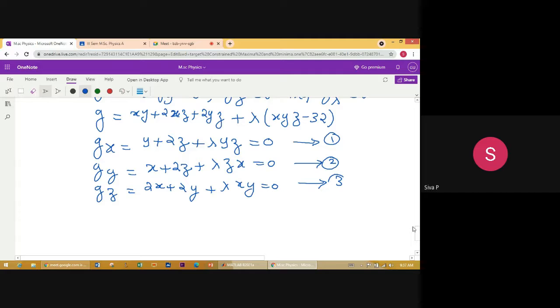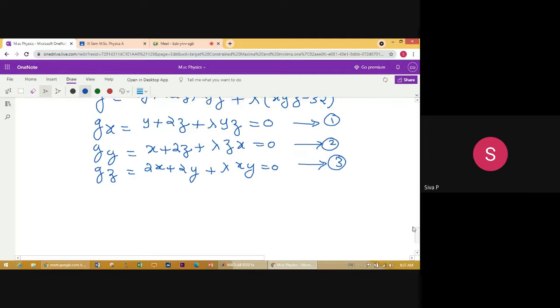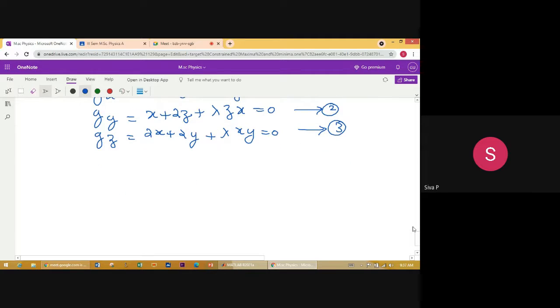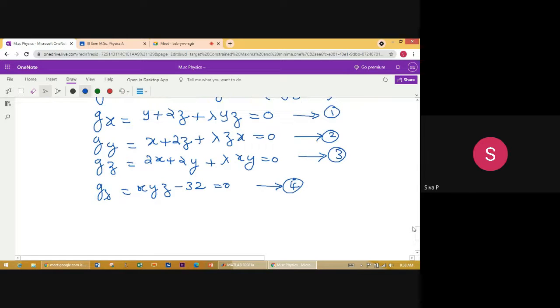This is equation number 3. The last equation is g lambda equal to 0. G lambda is xyz minus 32 equal to 0, which is equation number 4. So how to solve these equations?